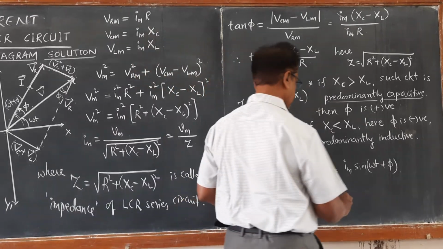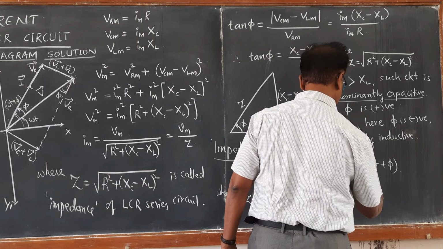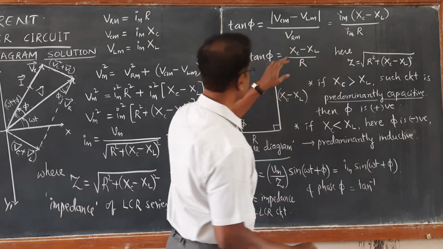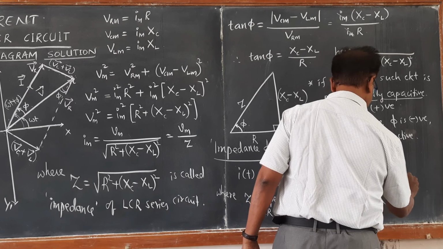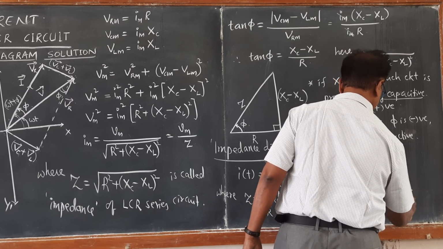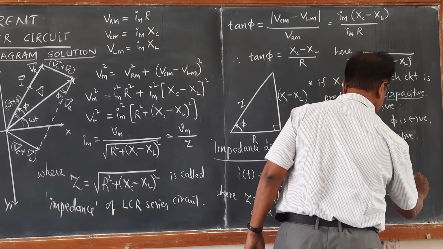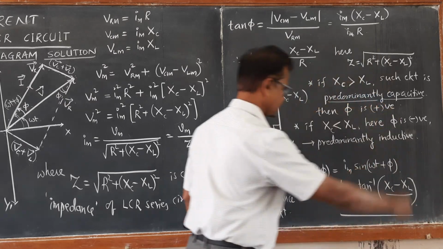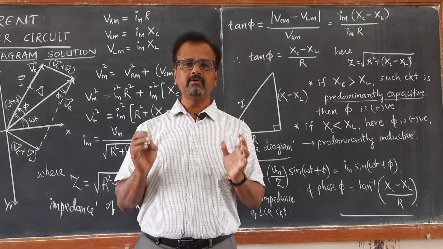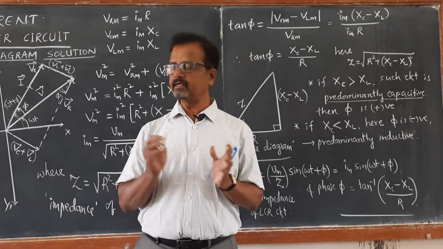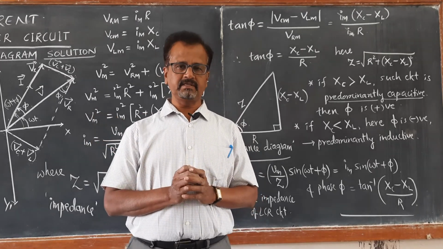Phase phi is given by tan inverse of XC minus XL divided by R. This is the phase relation. This is how we find the value of instantaneous current using the phasor diagram method.